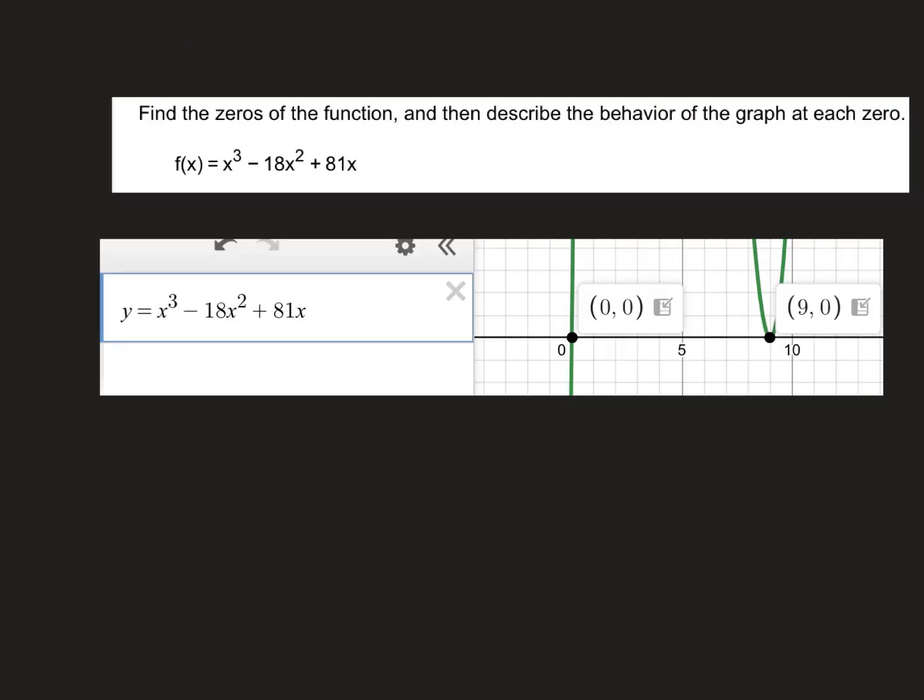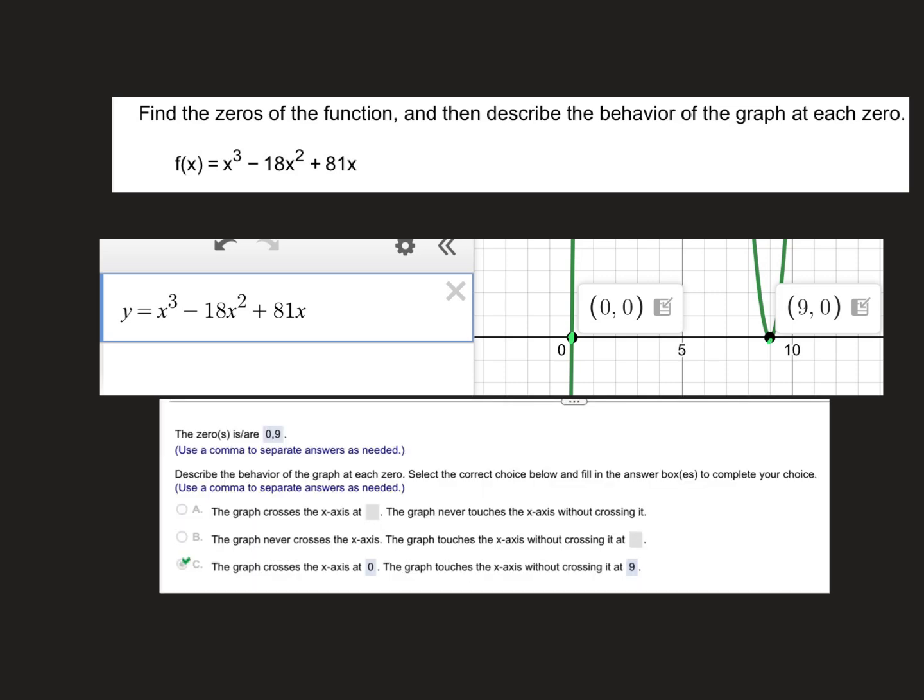All right, so this one, all I did was I graphed it, and then it also asked to describe the behavior at each 0. So the first one at 0, 0, this is an x-intercept, and this is a bounce. Okay, so it's easier if I show you the answer choices. So the answers are it crosses. So this right here is an example of crossing.